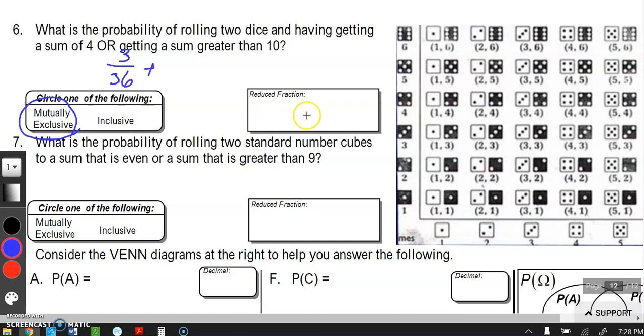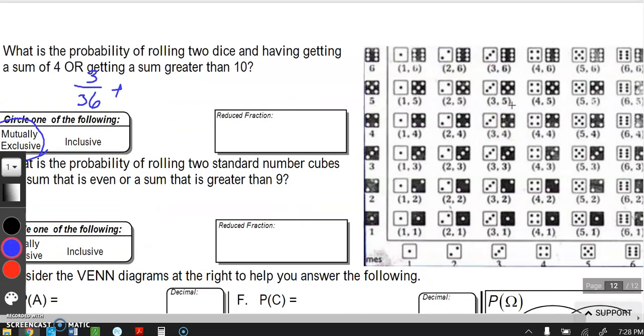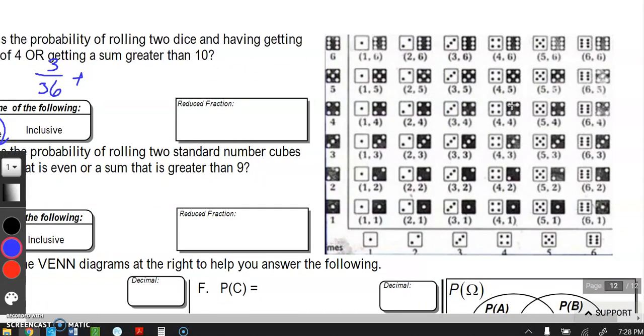Plus getting greater than 10. So we need to look at this chart and see where they're going to be greater than 10. Well, the only ones that are greater than 10 are 5 and 6, which add up to 11, and 6 and 6, which add up to 12.